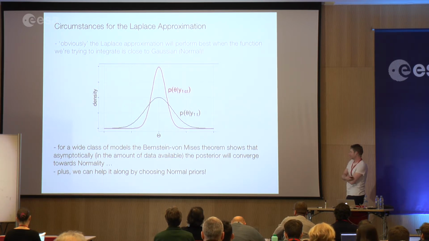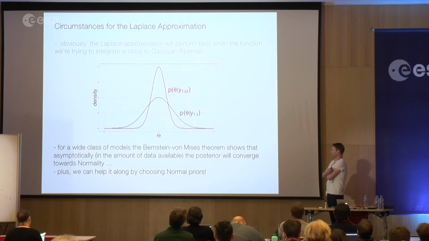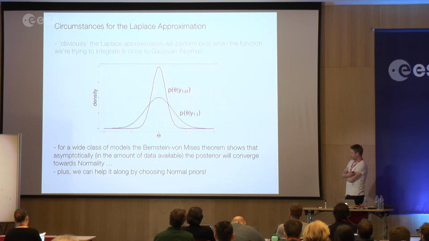For simple models, models in which we're not adding new parameters or increasing the model complexity as the data grows, where the model complexity is fixed and the data increases independently of it, for the most part, these will converge towards normality.